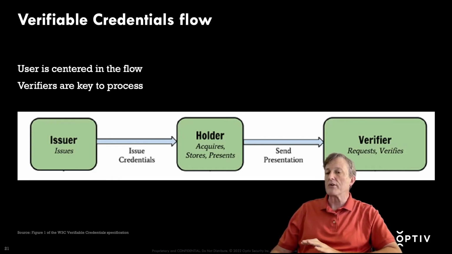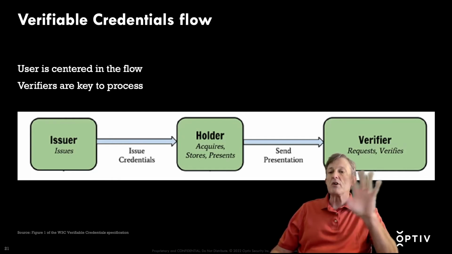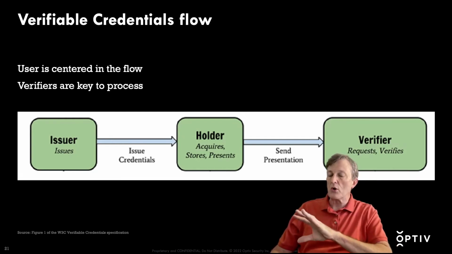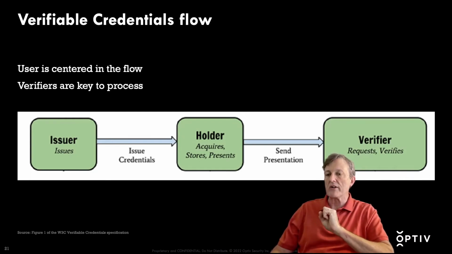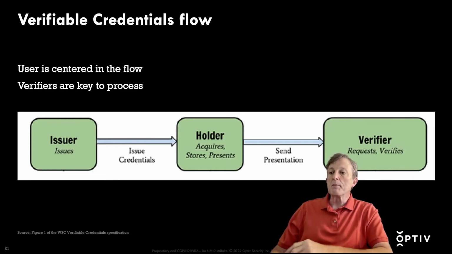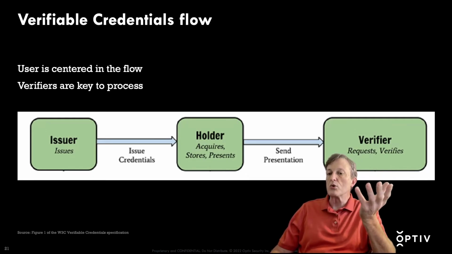The person whose record it is. And then you have a verifier, somebody that needs to know that that record exists and is valid. And the person will present that to a verifier, and it can be verified. So that's why you want the cryptography, so the verifier can do what they need to do.